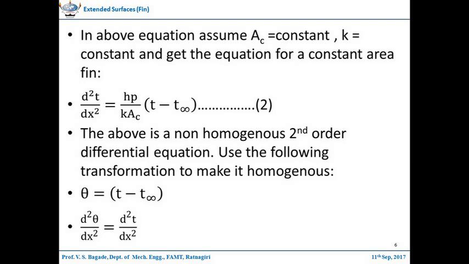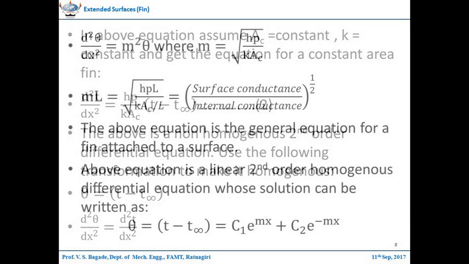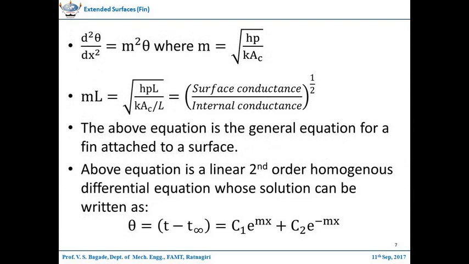Therefore d2 theta upon dx square is equal to d2T upon dx square, and the final equation is d2 theta upon dx square is equal to m square into theta, where m is the square root of hP upon k Ac.